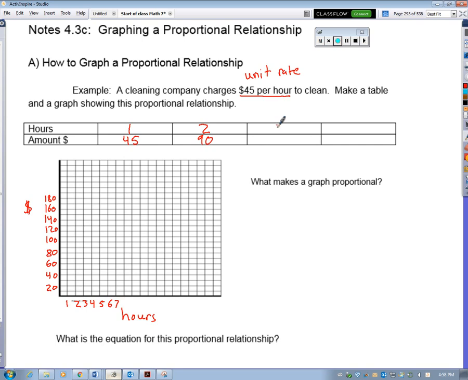And after 3 hours of cleaning, 3 times 45 is going to give me 135. And after 4 hours of cleaning, we're just making some numbers in here so we can make this table, 4 times 45 is going to get me $180. That is how much they are charging us to clean.